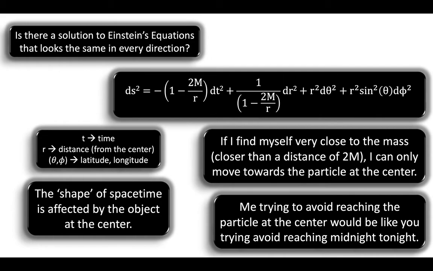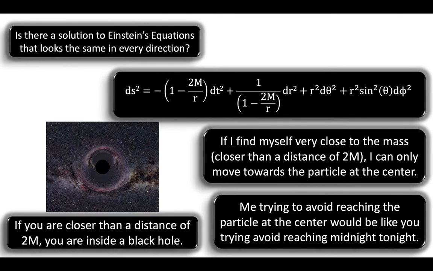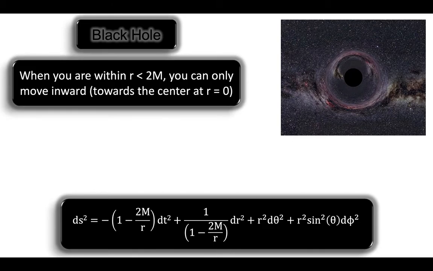I can't do anything to avoid midnight tonight eventually reaching me. So I interpret this as, if I am closer than a distance of 2m from the center, I am currently inside a black hole.